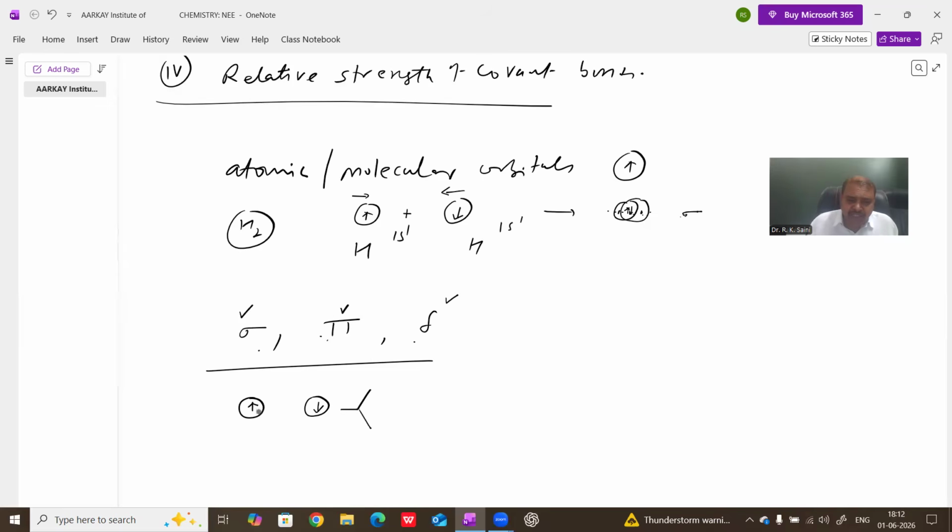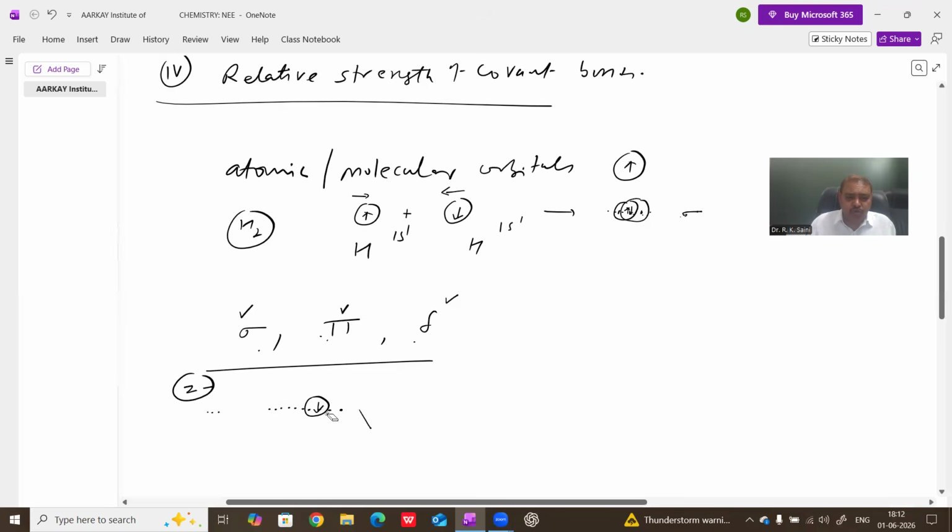Proper orientation means the atomic or molecular orbitals approach each other along one axis, the internuclear axis. If nothing is mentioned, then we take Z as internuclear axis, and they approach along the internuclear axis, by which electron density is centered between the nuclei of bonded atoms. Then it is known as covalent bond.